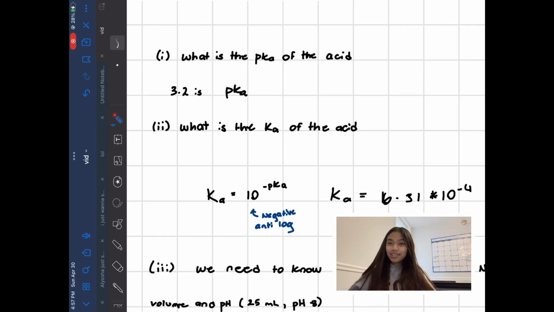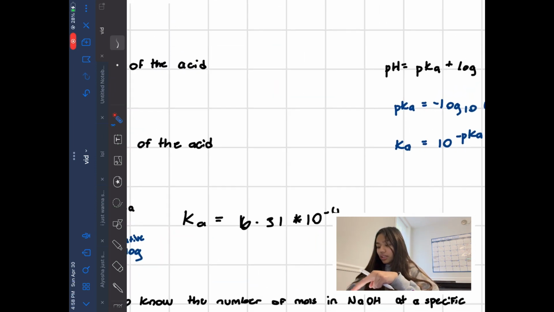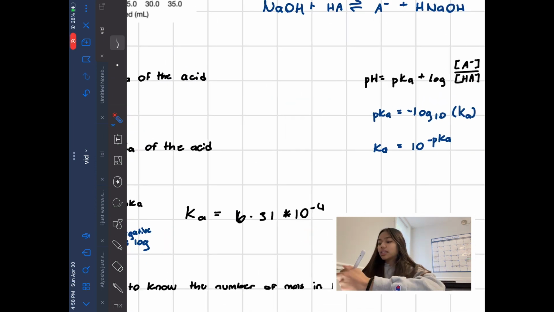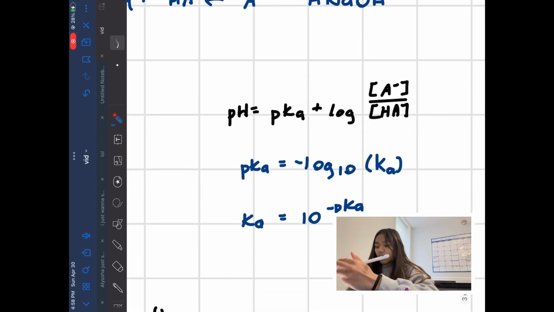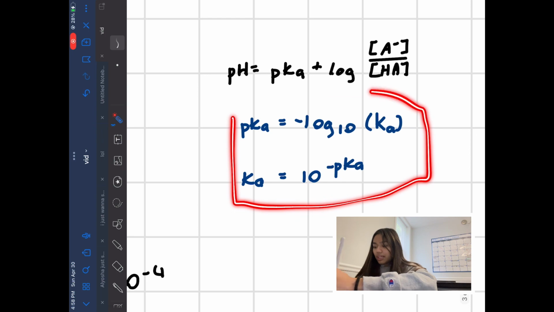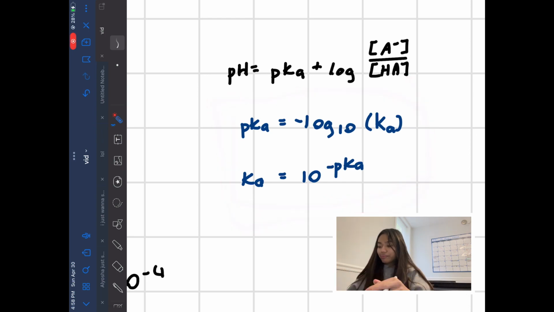And to get the Ka and derive it from the pKa, you use the equation Ka equals 10 to the negative pKa, which would give us 6.31 times 10 to the negative 4. We can see that by our equation for getting from pKa to Ka.